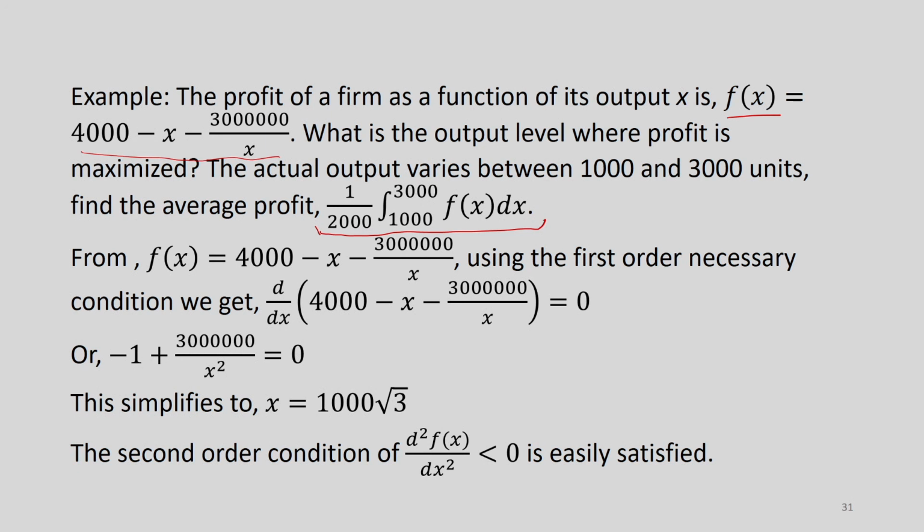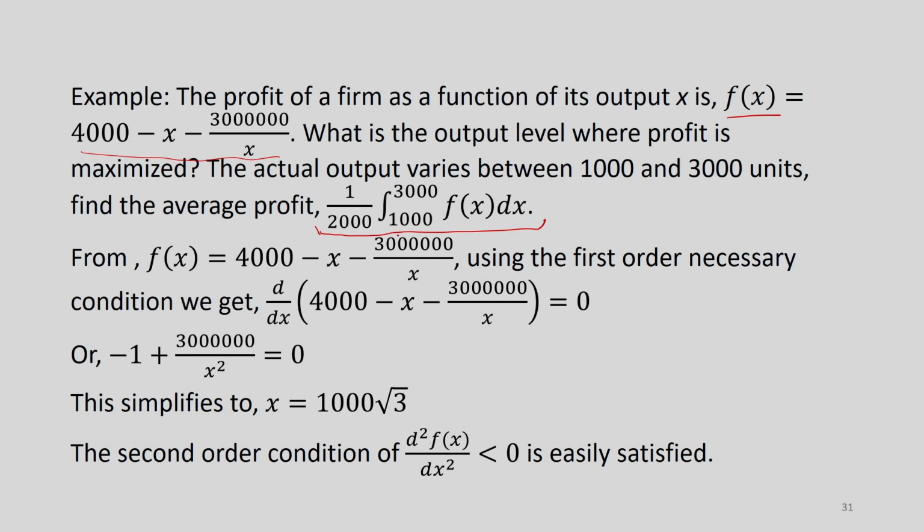Okay. So, what is being said in the second part? The second part is saying that the actual output level, which might not be maximizing the profit, mind you, varies between 1000 and 3000. Find the average profit, and helpfully they have given us the form of the average profit.